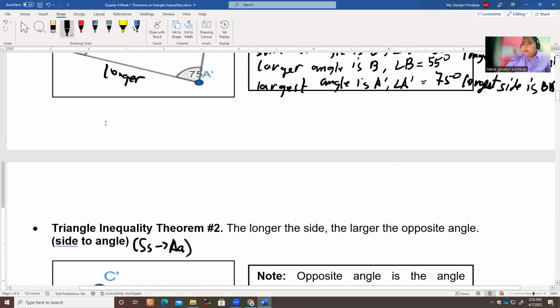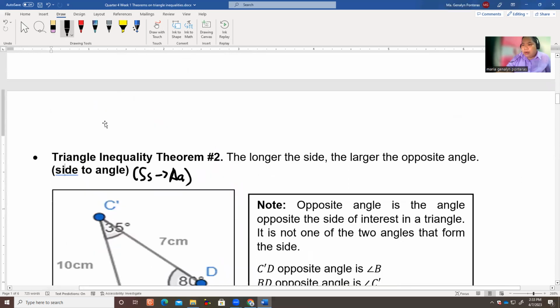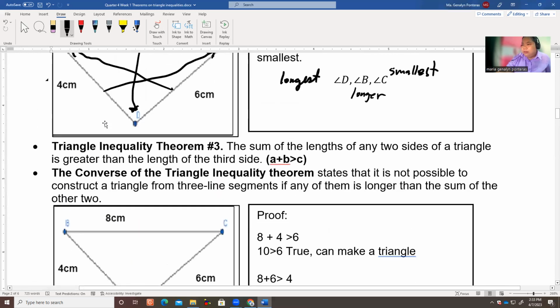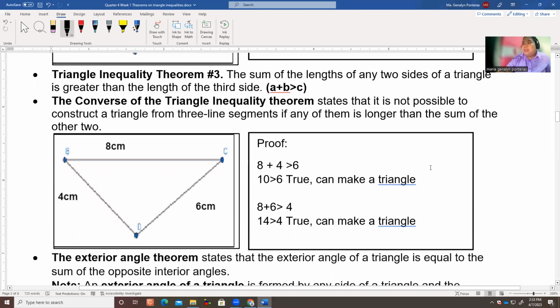So now that we know the effects of angles and sides of a certain triangle, now tingnan natin yung pangatlo. Yung pangatlo is yung sukat. Lahat ba ng sukat ay pwedeng gamitin ng triangle o meron silang sinusunod na condition? So that's triangle inequality theorem number 3. The sum of the lengths of any two sides of a triangle is greater than the length of the third side.